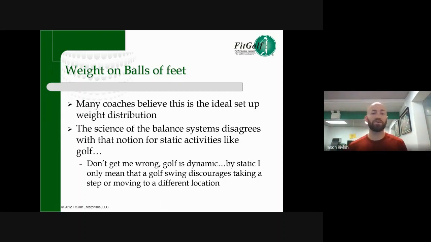If you start way back on your heels, and you start swinging fast and you don't bring your weight or your body forward, then you're going to fall back on your butt. So we see that having weight under the arches of the feet, or midfoot, will promote more efficiency in movement and more control in movement, right?